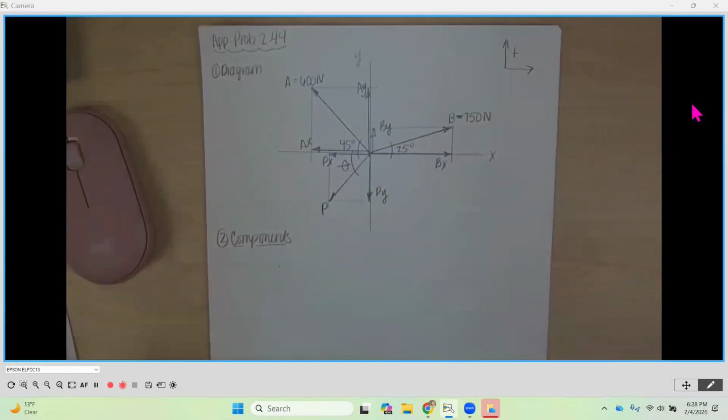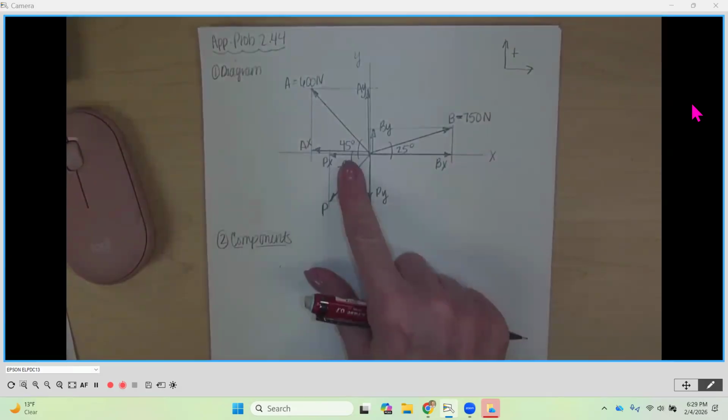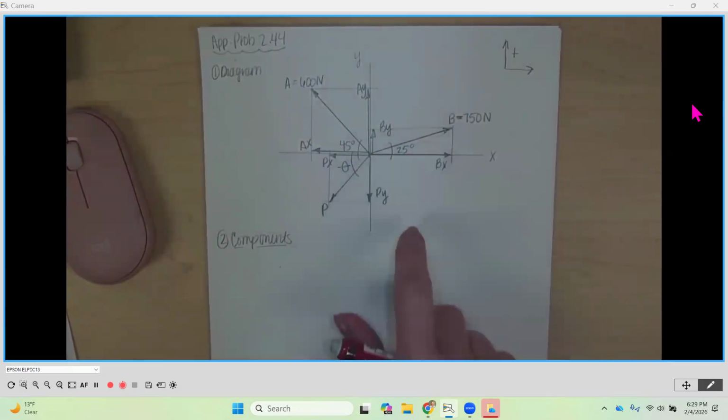Once we have those all drawn, we can now find the magnitudes of the components AX, AY, BX, BY. So go ahead and find those values.